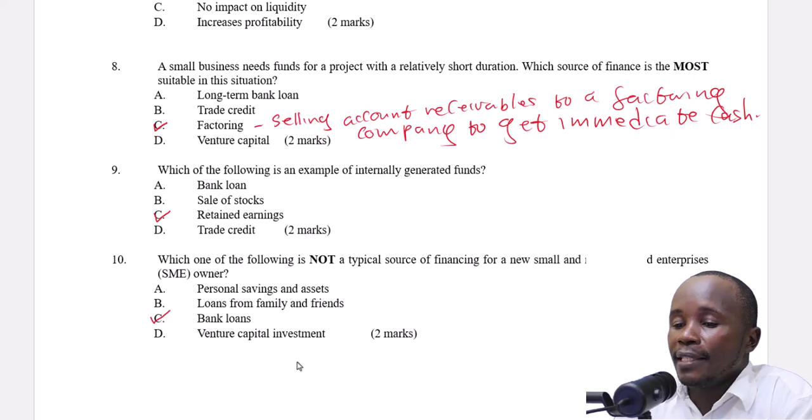So, although bank loans are a source of financing, they are not typical for a business that is starting, a new small and medium-sized enterprise. An SME may not go for a bank loan immediately, but other avenues like personal savings, loans from families and friends, and venture capital investment are possible sources of financing.